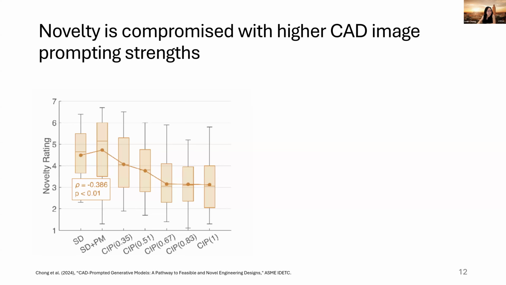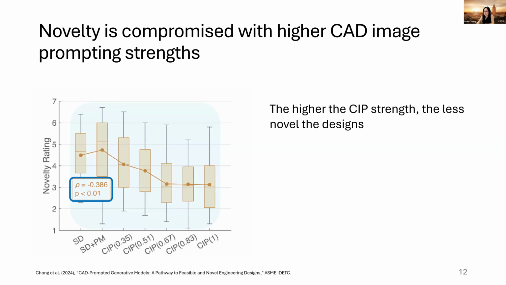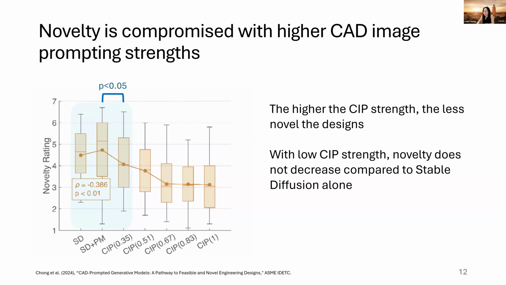But in terms of novelty, as we could visually see, there is a decrease in novelty as we increase CAD image prompting. So you see this general decreasing trend. Some specific results: with low CIP strength, novelty does not decrease compared to stable diffusion alone, meaning that with very low CIP strength, compared to the stable diffusion alone condition, this difference wasn't very significant.